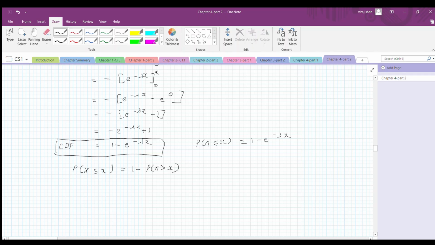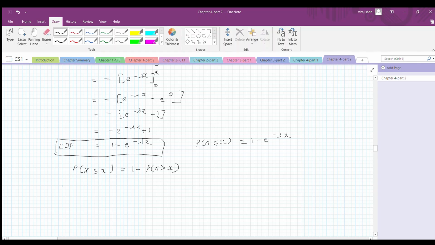Why? Because this value plus this value is equal to 1, right? So basically I can write that this value will be nothing but 1 minus this value. So let me substitute the probability value here.